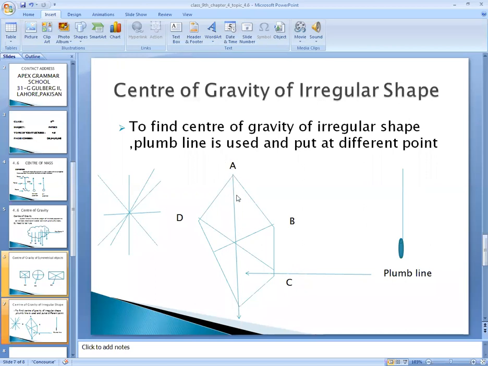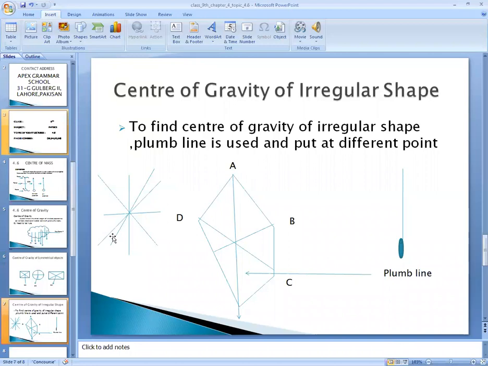I will mark this point, and the line will come straight through here. Then I put my nail here and hang my plumb line over here, and this line comes. Similarly for point C, this line comes. I marked 5 lines because there are 5 points: 1, 2, 3, 4, and 5.